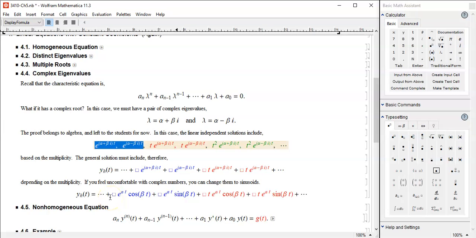Instead of e to the alpha plus beta i t, e to the alpha minus beta i t, we can express those as exponential cosine plus exponential sine, kind of like that. And then t times those, t squared times those, will take care of those multiplicities as well.